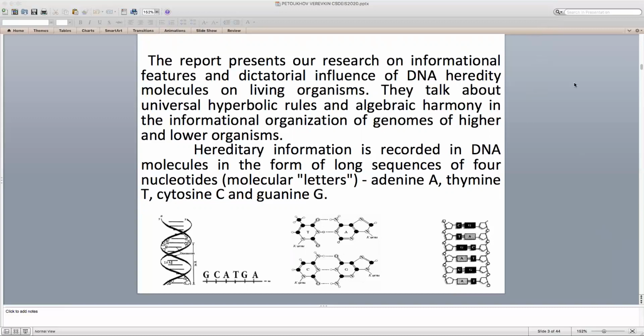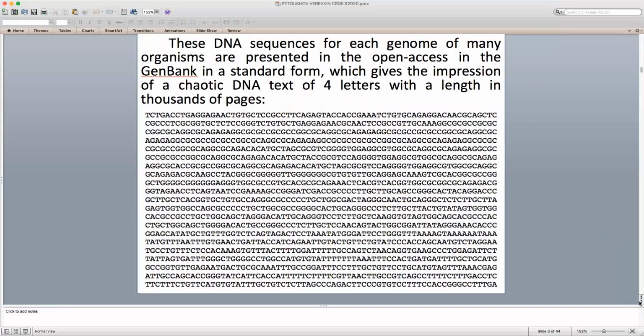Hereditary information is recorded in DNA molecules in the form of long sequences of 4 nucleotides or molecular letters: adenine A, thymine T, cytosine C, and guanine G. These DNA sequences for each genome of many organisms are presented in open access in the gene bank in a standard form, which gives the impression of a chaotic DNA text of 4 letters with a length in thousands of pages.